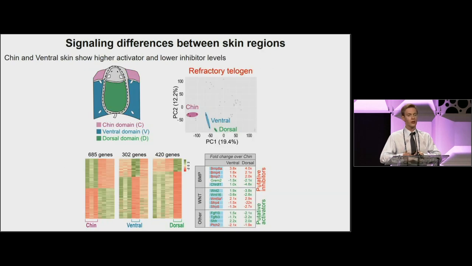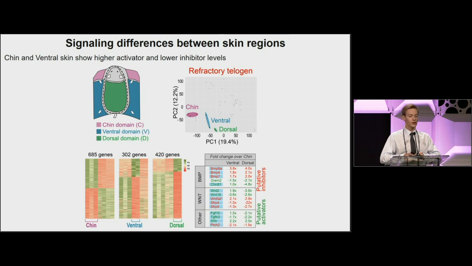So we performed bulk RNA sequencing analysis on the different skin domains from mice at various time points, and here I'm just showing what we define as refractory telogen, to which I will return a little bit later, and this represents early telogen. When compared by RNA sequencing, profiles of different skin domains are actually distinct.